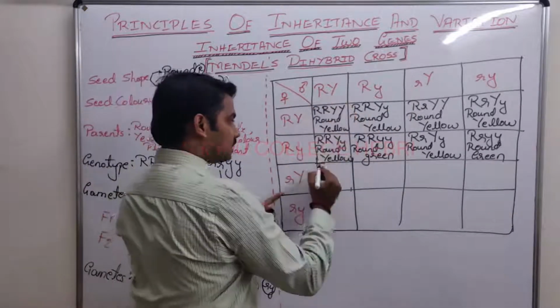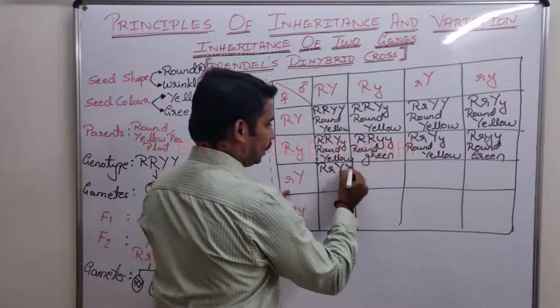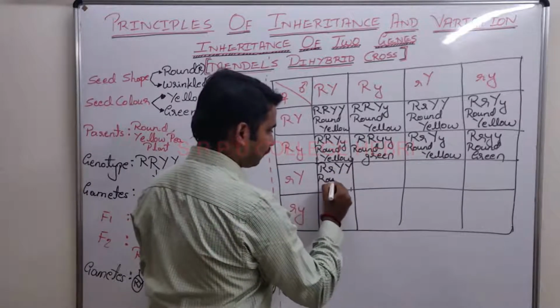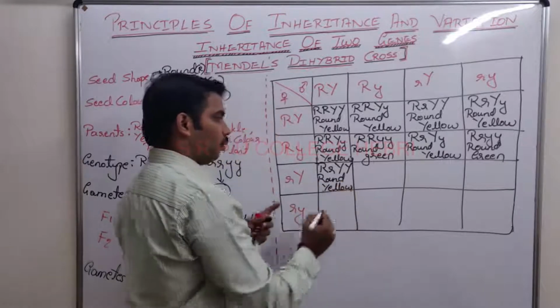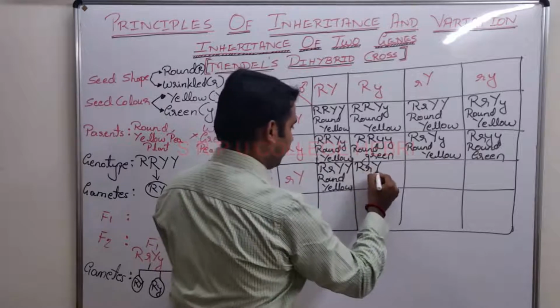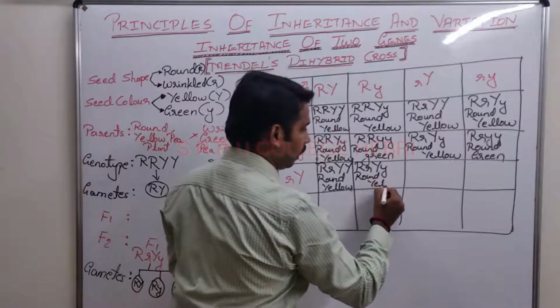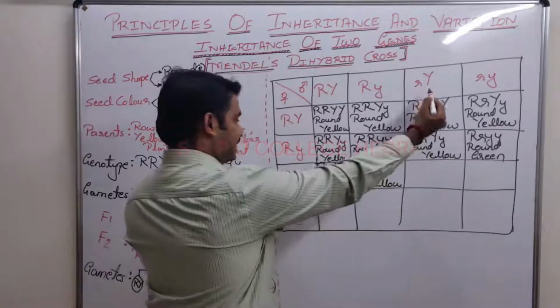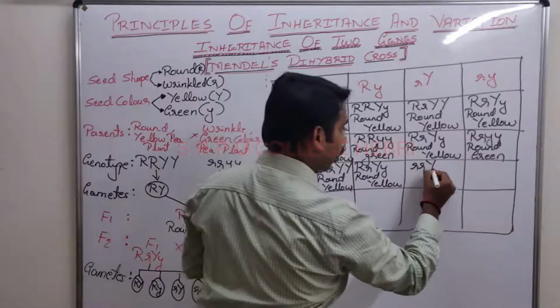In this case, capital R, small r, capital Y, round yellow. Again, capital R, small r, capital Y, small y, it is also what? Round yellow. In this case, hope you are practicing along with me.